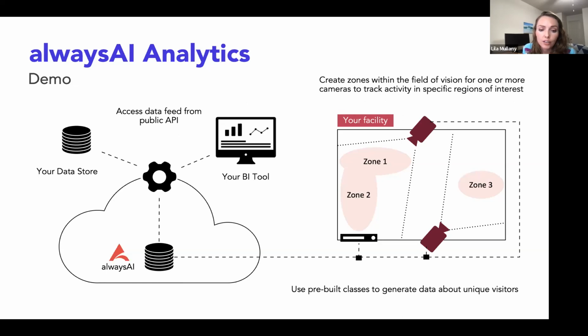And then the second part of this equation is the application itself. So the application uses those zones to generate real data about your environment, and then it can relay that data back up to the cloud to a secure endpoint where it's available for business intelligence tools or any other service that might want to access it, databases, secondary application.